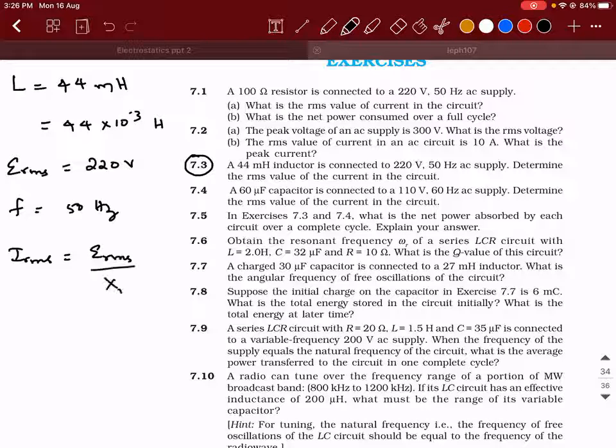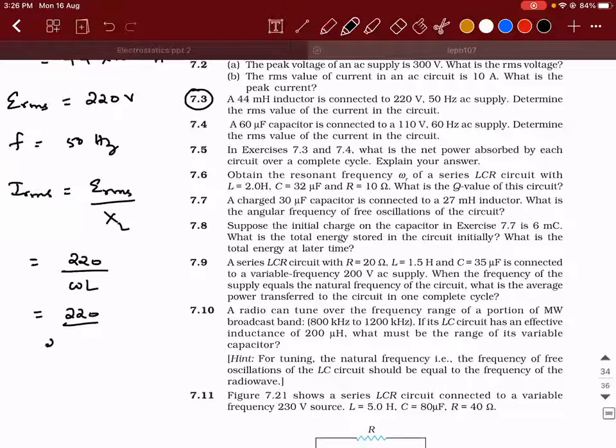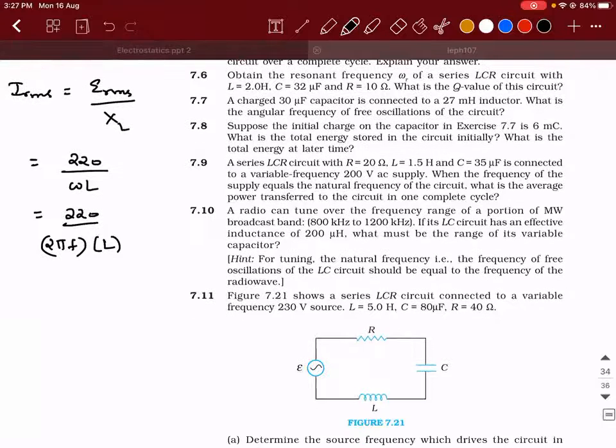ERMS divided by XL. So ERMS is 220 divided by XL, which is omega into L. So 220 divided by 2 pi into f into L. F is given, it is going to be 50.